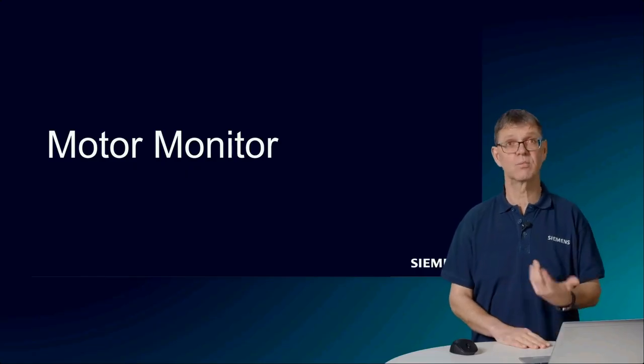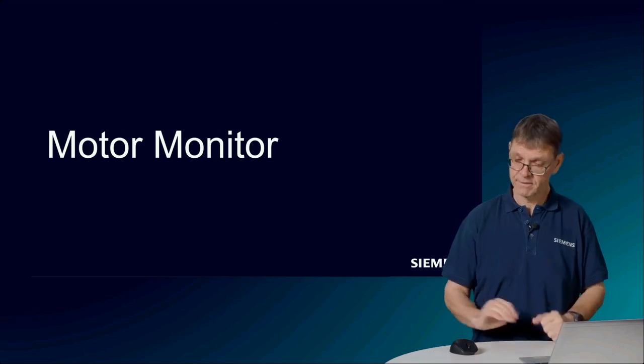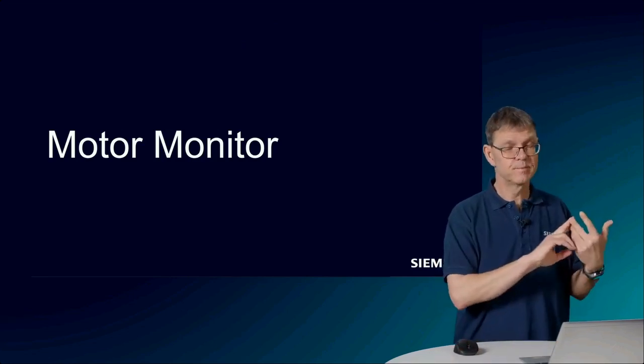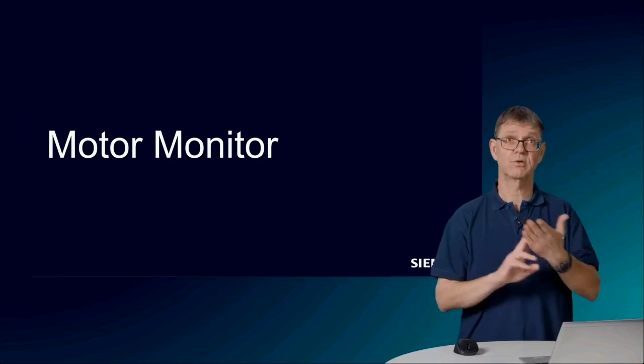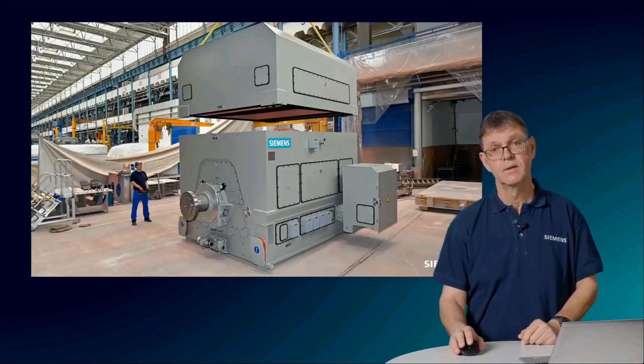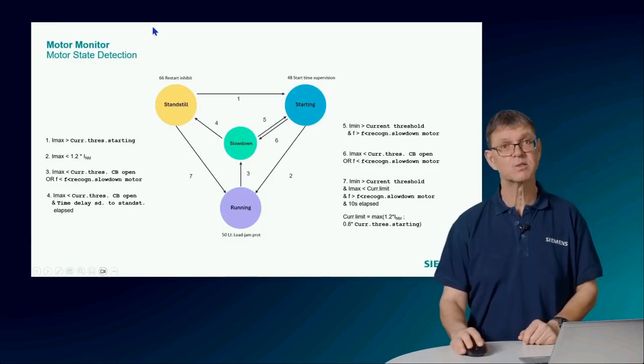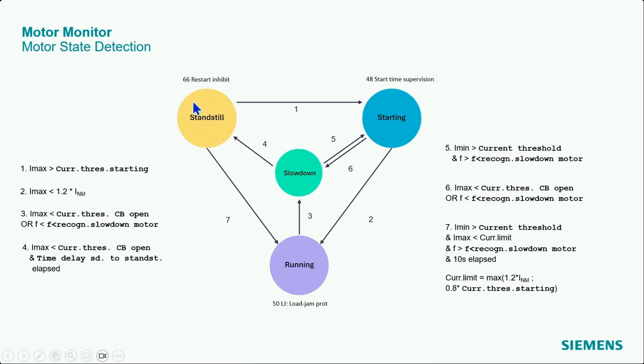Let's have a look at the motor monitor function, before we go to the temperature calculation for the rotor. I explained the motor monitor in detail in the first webinar, where we talked about the overview of the protection functions.